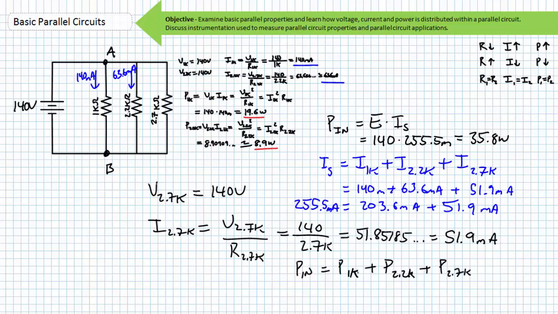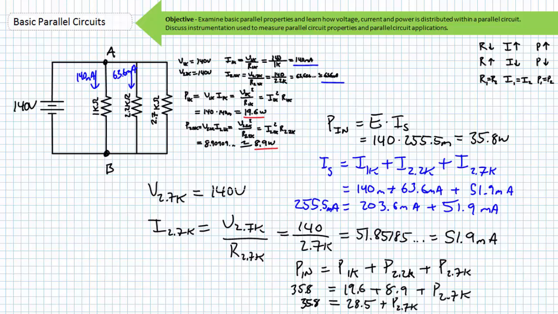Given we already calculated the power dissipated by the 1K and the 2.2 kilo ohm resistor and just solved for our new power input, and we are keenly aware that power in always equals power out, in this case, power in equals power dissipated by the 1K plus power dissipated by the 2.2K plus power dissipated by the 2.7K. We can solve for power dissipated by the 2.7 kilo ohm resistor by substituting in the necessary values.